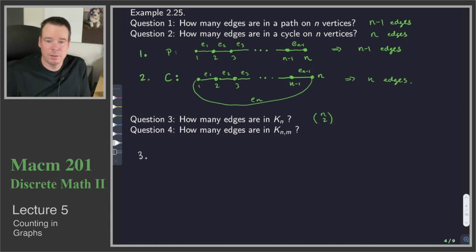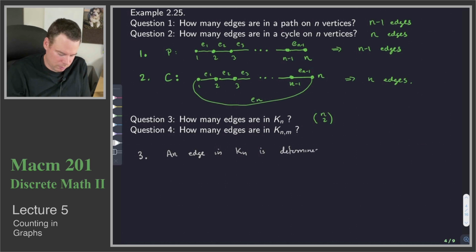As we go through these, pause the video, try to answer the questions yourself, and then verify with what we're doing. So how many edges are in Kn? There are n choose 2. Why is that? Well, an edge in Kn is determined by 2 vertices.